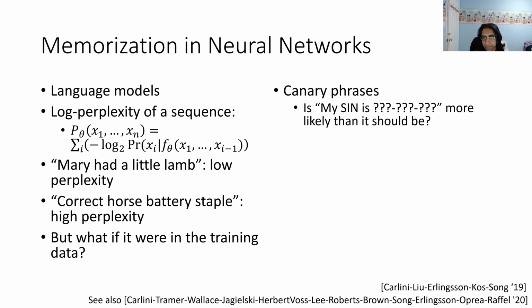So a way to test if a particular phrase has been memorized is by putting it in the training data set, for example my SIN as 1, 2, 3, 4, 5, 6, 7, 8, 9, and seeing if it appears near the top of the list of log perplexities. If it appears near the top, having a lower perplexity, that means the neural network is indeed memorizing it. And therefore, that's a type of privacy violation.